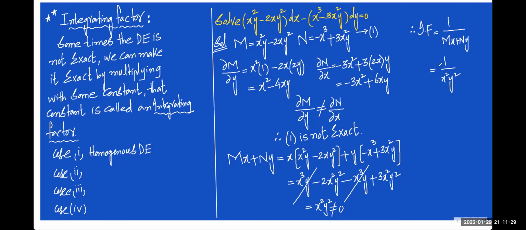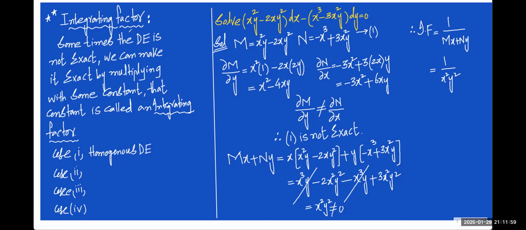Okay, sir. From here mx plus ny you can check all the steps. So why are we multiplying x with that term and y with that term? That is the case number 1 rule.